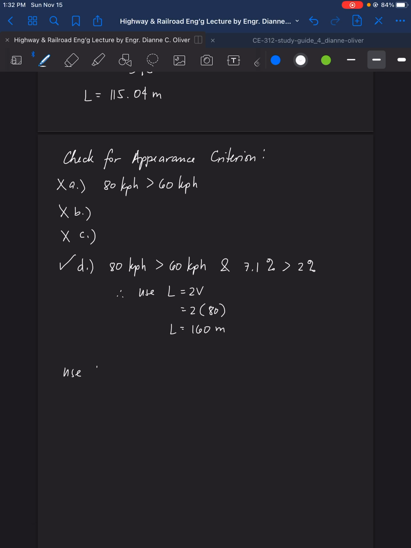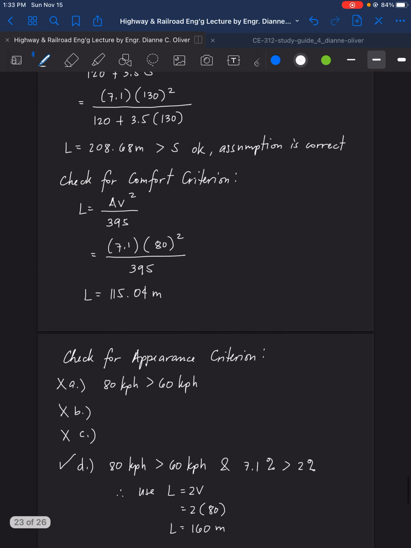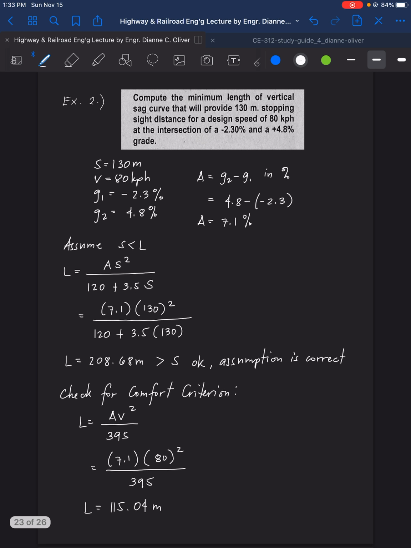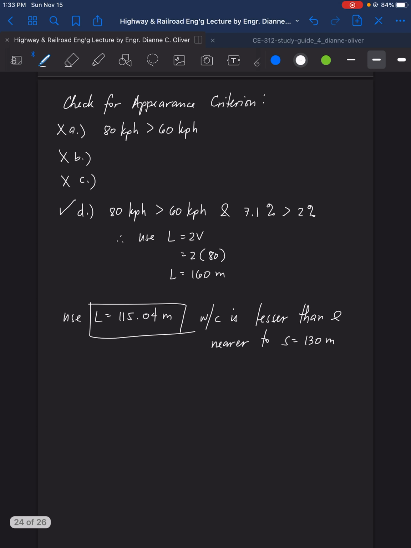Use L is equal to 115.08 meters, which is lesser than and nearer to S is equal to 130 meters. So that is our sample problem number 2. So we're computing for the minimum.